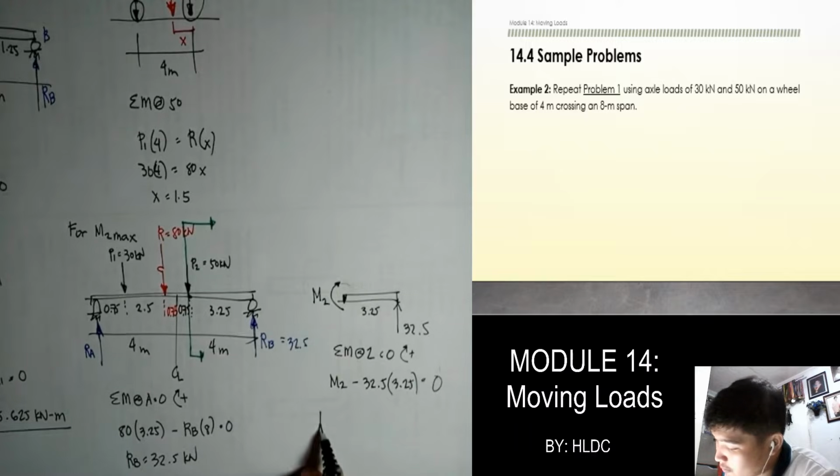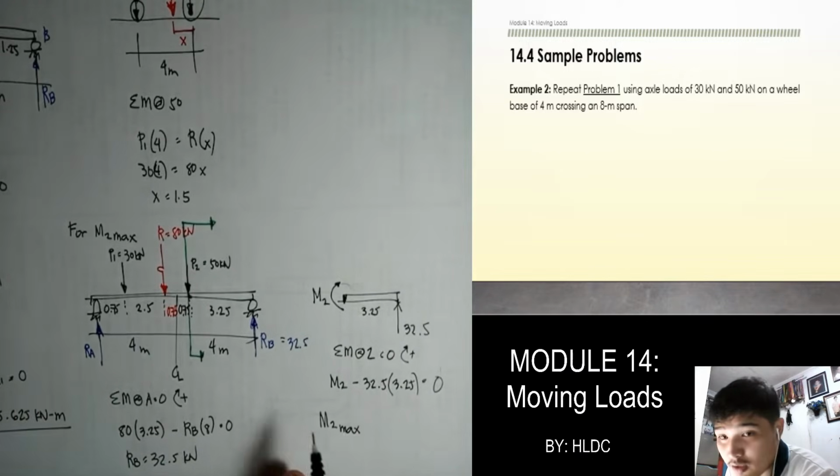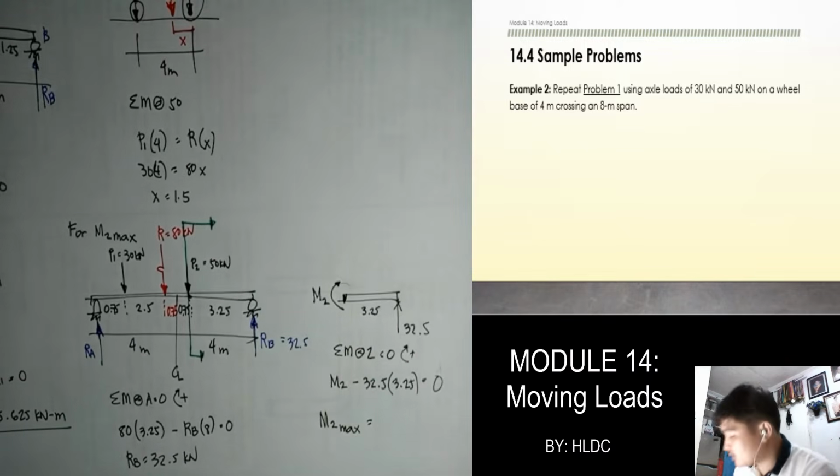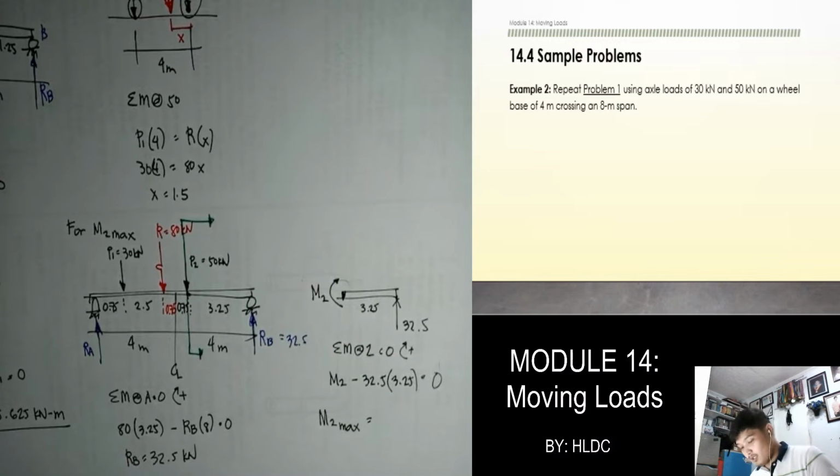And then yung M2 na masasolve natin dyan ngayon corresponds dun sa pinakamalaking possible value ng M2 na mangyayari dun sa ating beam. So, ilan yan plus? So, 32.5 times 3.25.